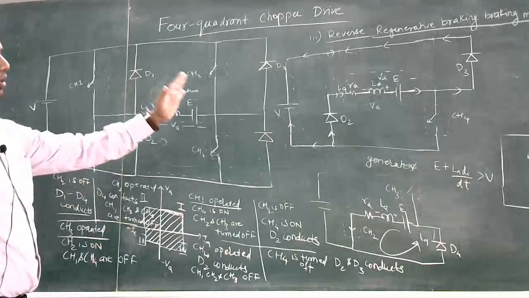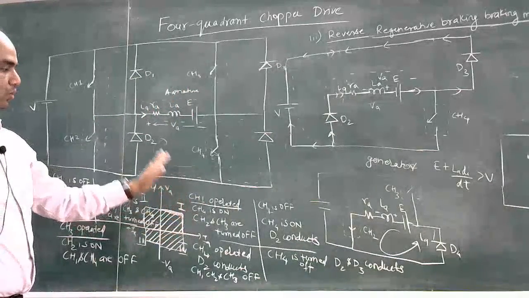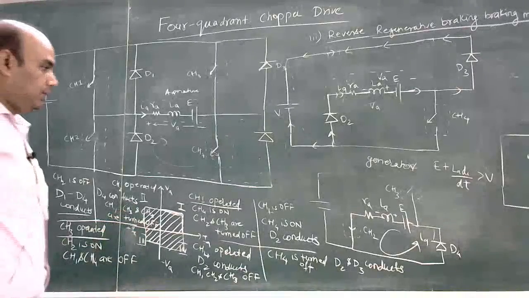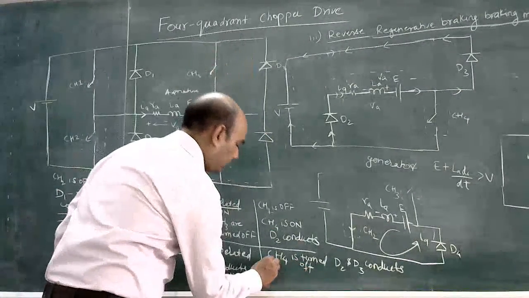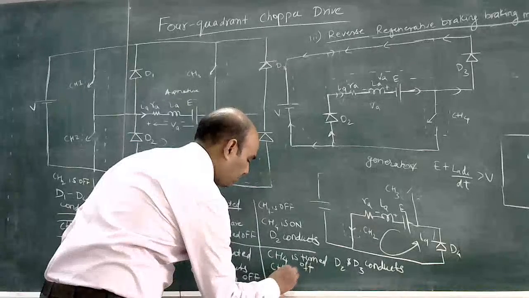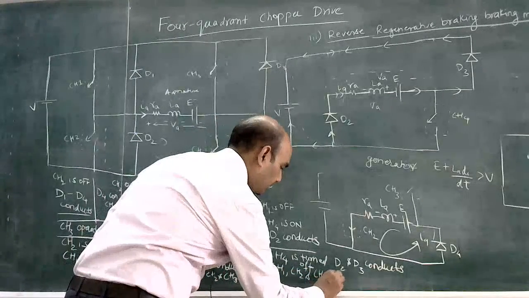So this is all about the fourth quadrant chopper. In the fourth quadrant, when CH4 is turned off, all the switches CH1, CH2 and CH3 are turned off.